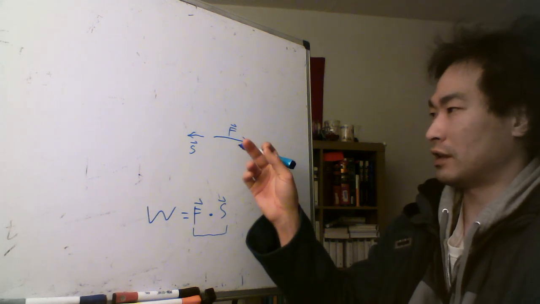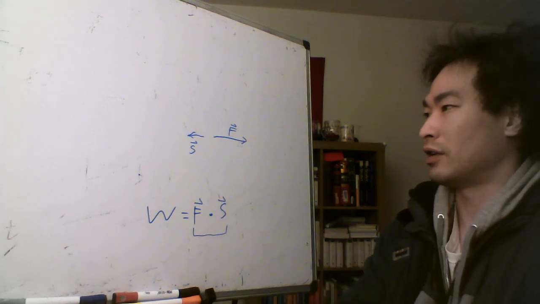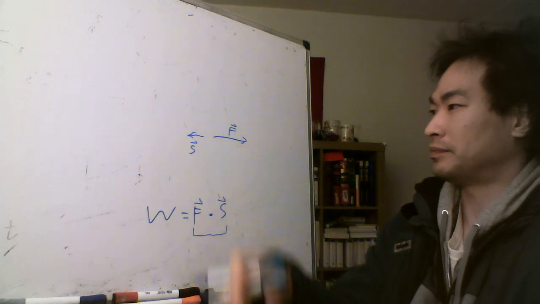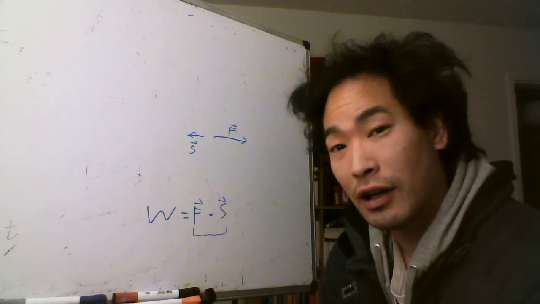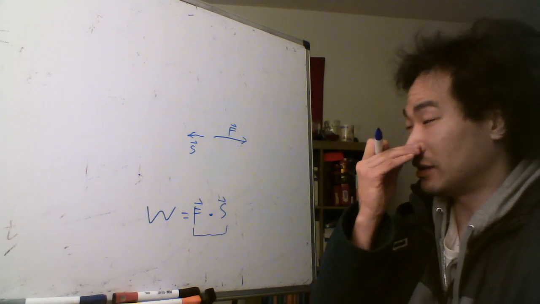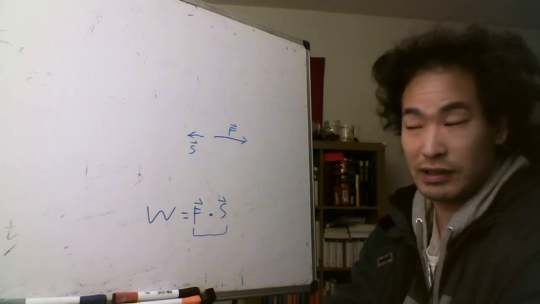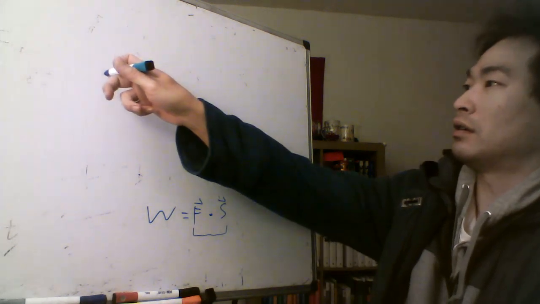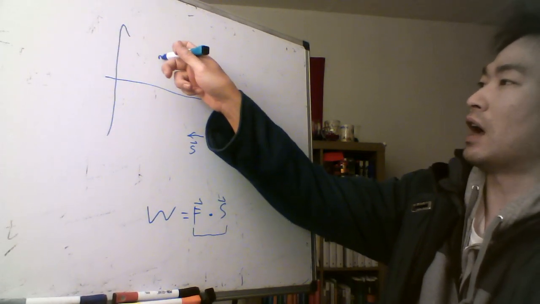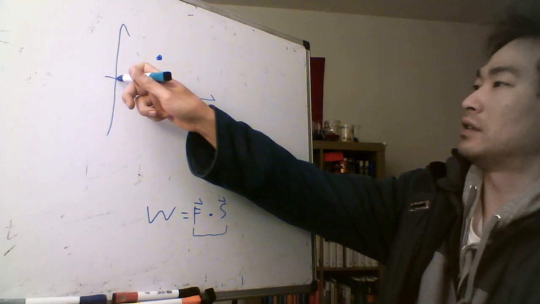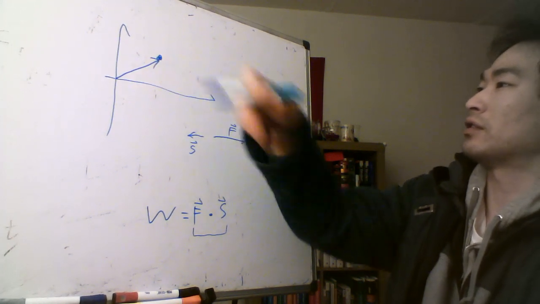Force is like this influence, persuasion, and displacement is that person's change in position. What is a displacement vector in physics? You have this dot. This is the position vector, right?